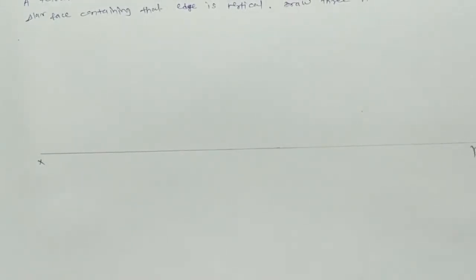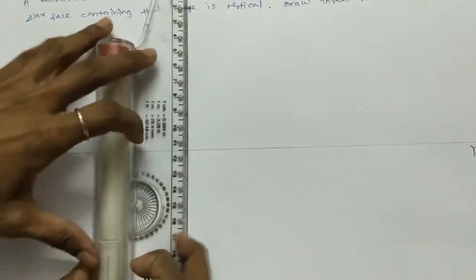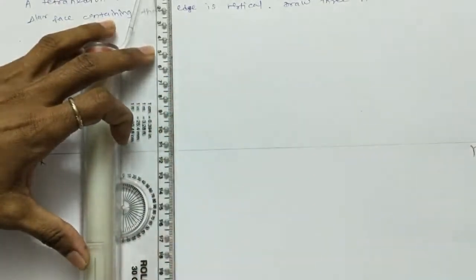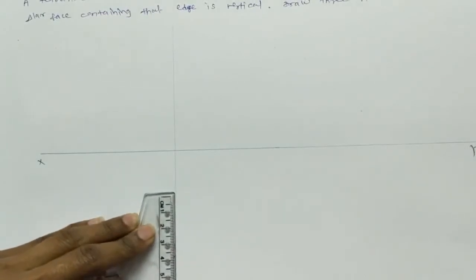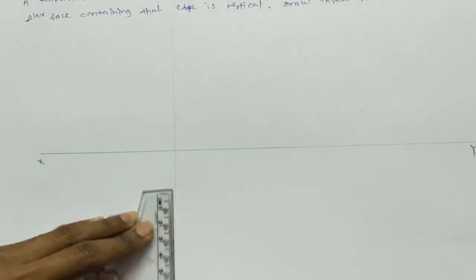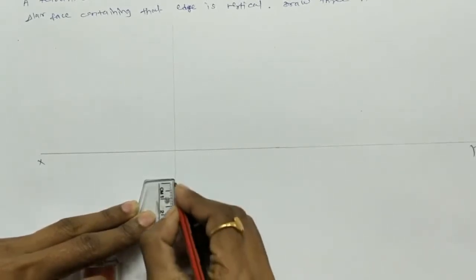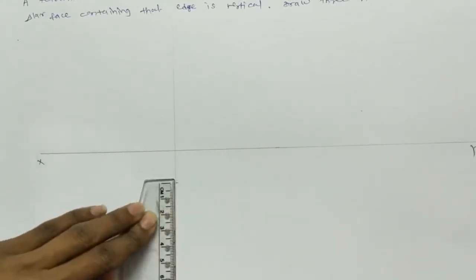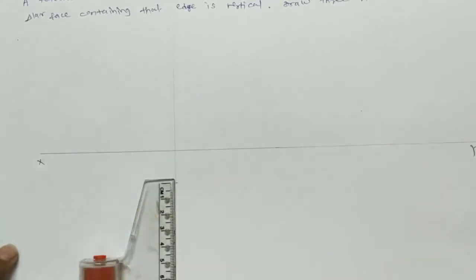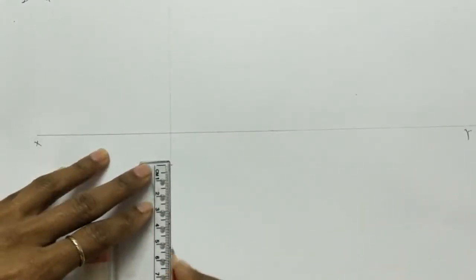Then the tetrahedron side is given as 60 mm, so draw a vertical line and measure 60 mm on this line. So 60.